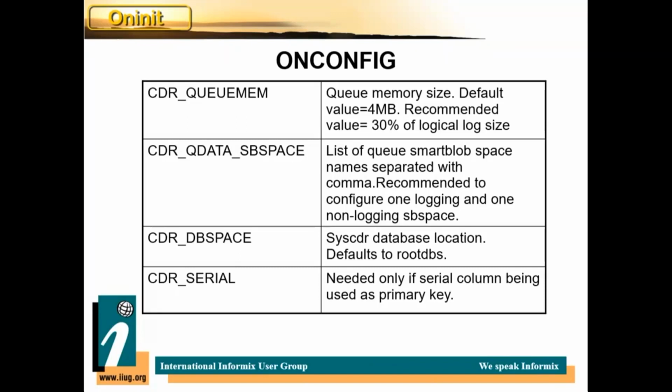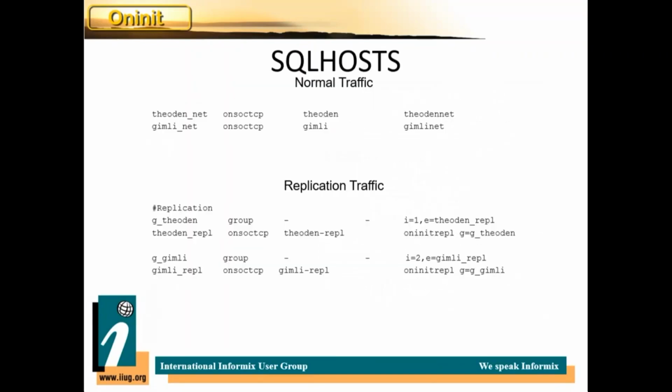So once we've got our DB spaces configured, the only one that is vital there is the CDR DB space, although I would recommend you set the other three as well. Now, ESQL hosts: if you have a dedicated ER network, so we want to send the traffic over different IPs or different ports or different network cards, then we can create a new set of Informix servers for the instance.